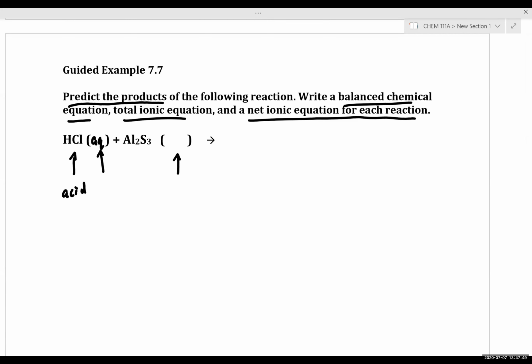Are sulfide salts soluble or insoluble? Insoluble, so we put a solid symbol. Okay, perfect.